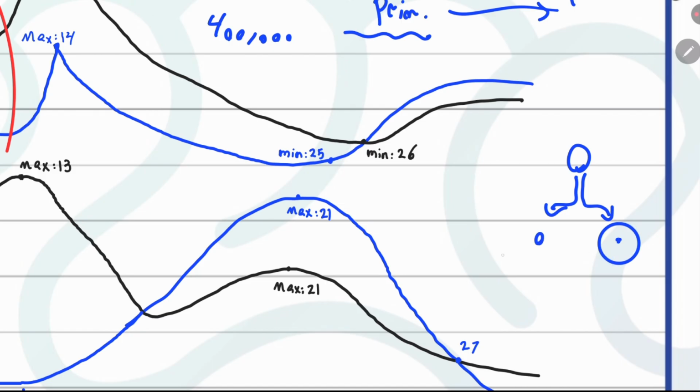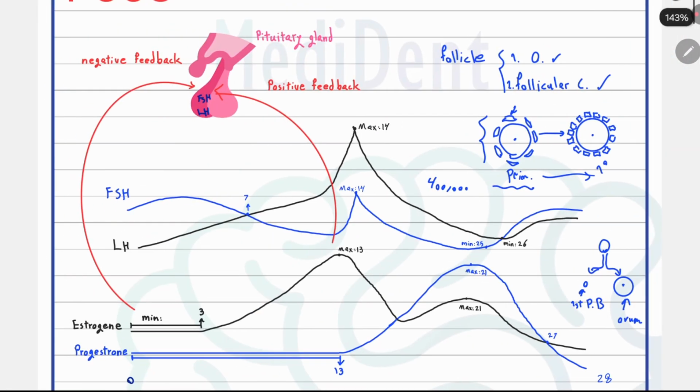These cells are known as secondary ovocytes. This is the first polar body, and this is known as the ovum. But in general, we call both of them secondary ovocytes. This is the first event that takes place because of the effect of LH.